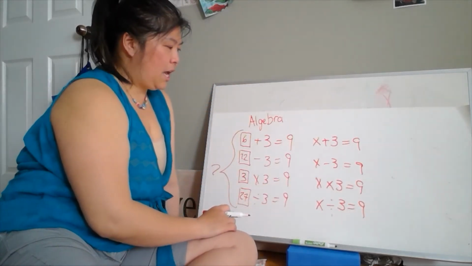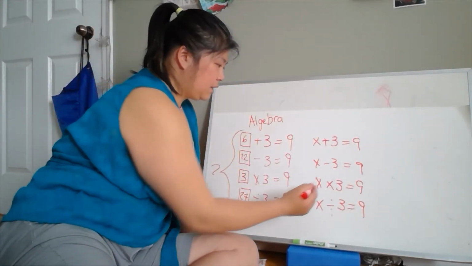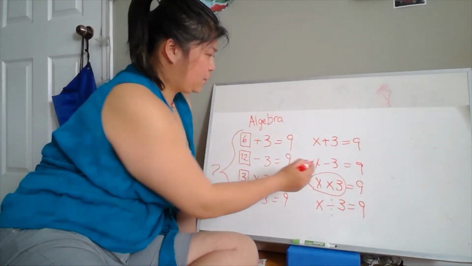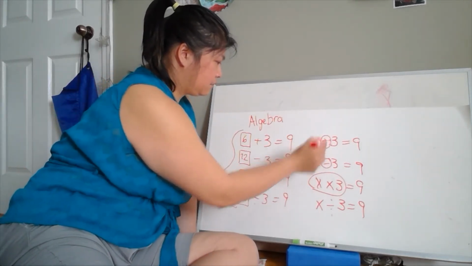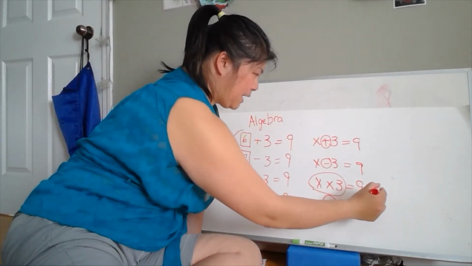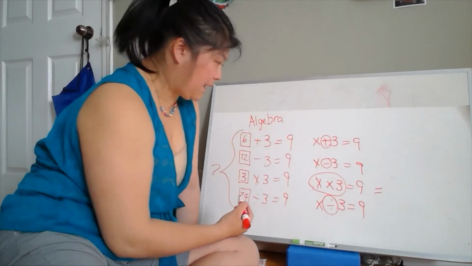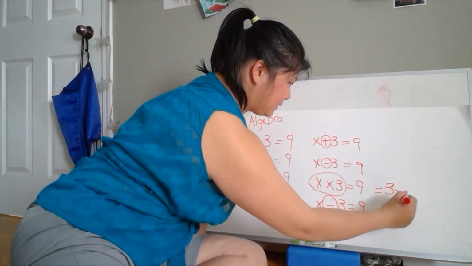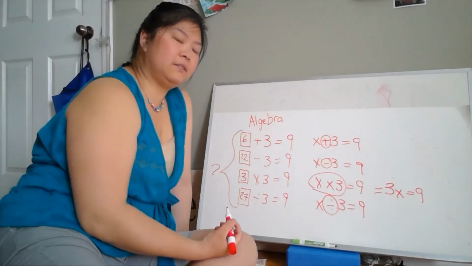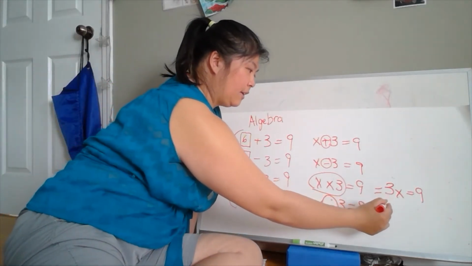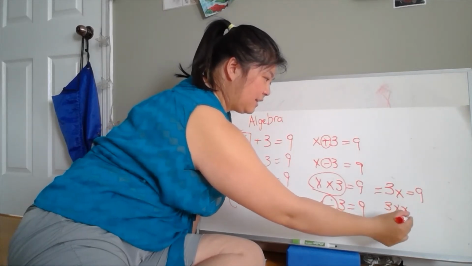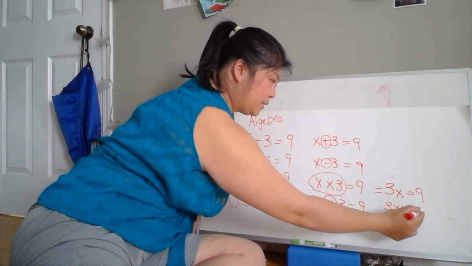Now when we do algebra, this is very different. If you don't have these symbols, this is the same as 3x equals 9. It's implied that you're multiplying the number here times the letter x, another number, equals 9.